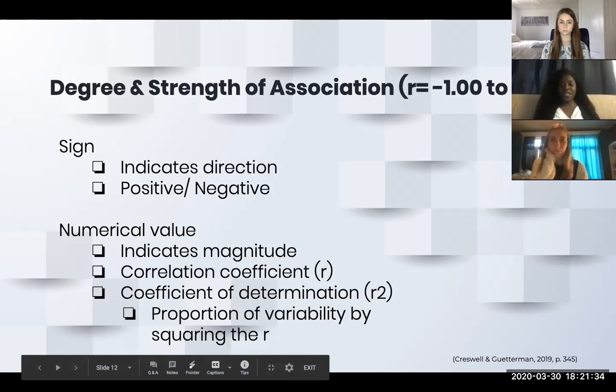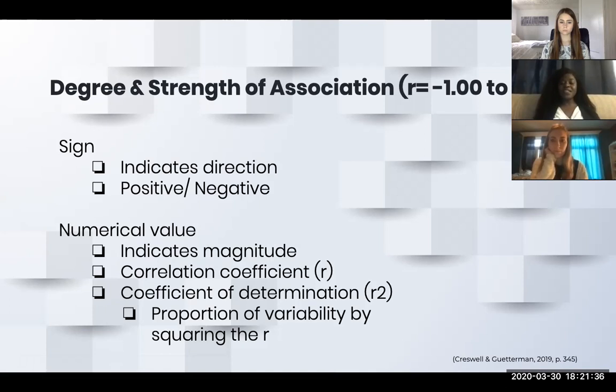Coefficient of determination. So this is taking a little step further from the Pearson-R correlation, and it's basically squaring the Pearson-R coefficient. Now, why would you do that? Well, sometimes we want to know how much of a difference in one variable can be explained by the difference in the second variable.